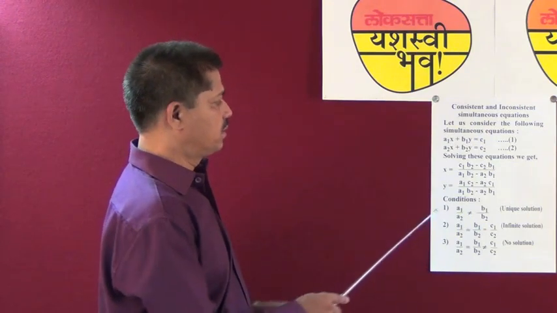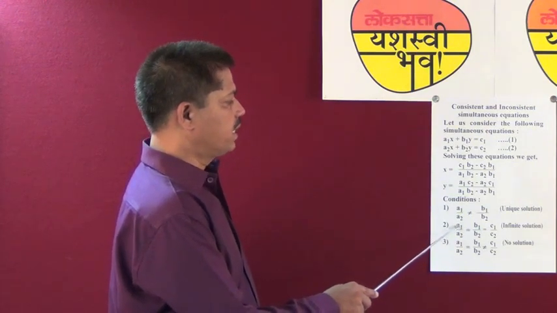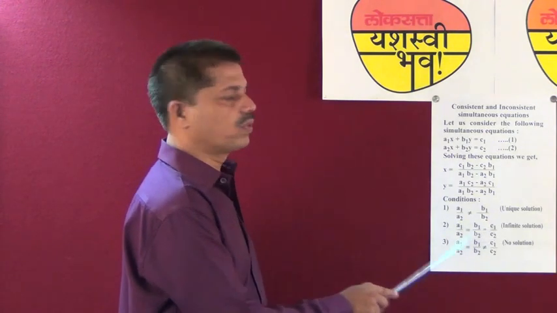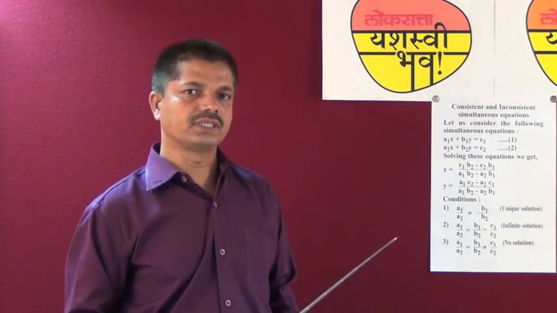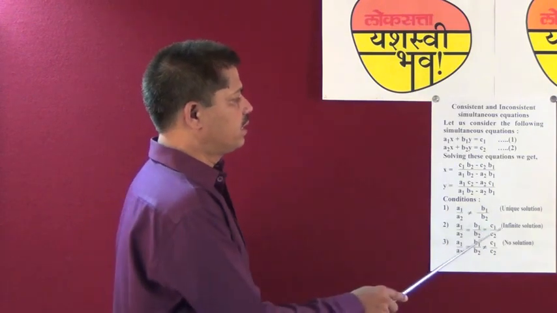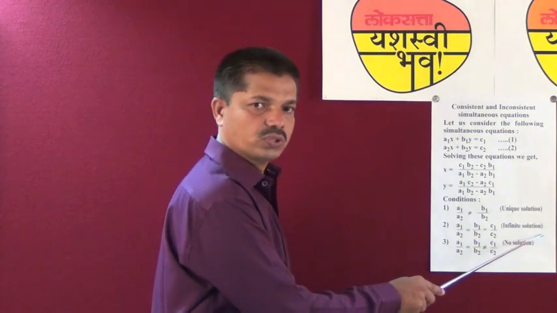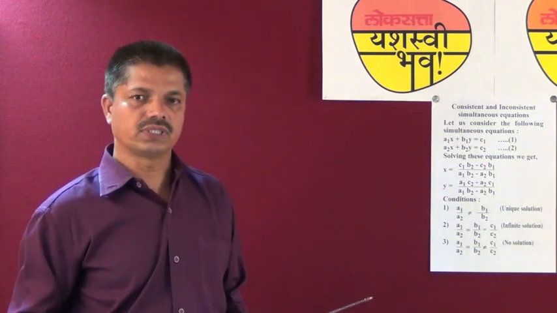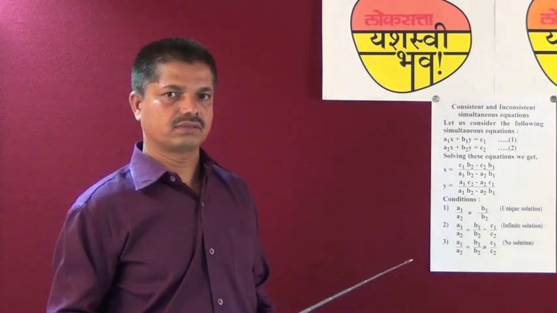Let us consider the first condition, a1 upon a2 is equal to b1 upon b2 is equal to c1 upon c2. In such type of simultaneous equation, you will find that there are infinite solutions, and therefore as these equations have solution, they are consistent.